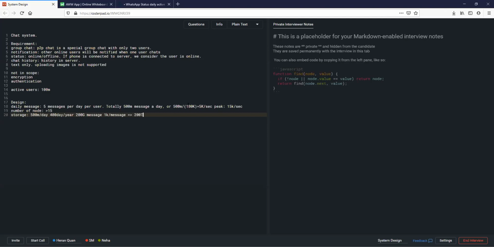When we say we keep chat history on the server, if it's a history for a year, this is what we need. But if we need the history of all our chats for the last 5 years, is that really required for such a chat application?